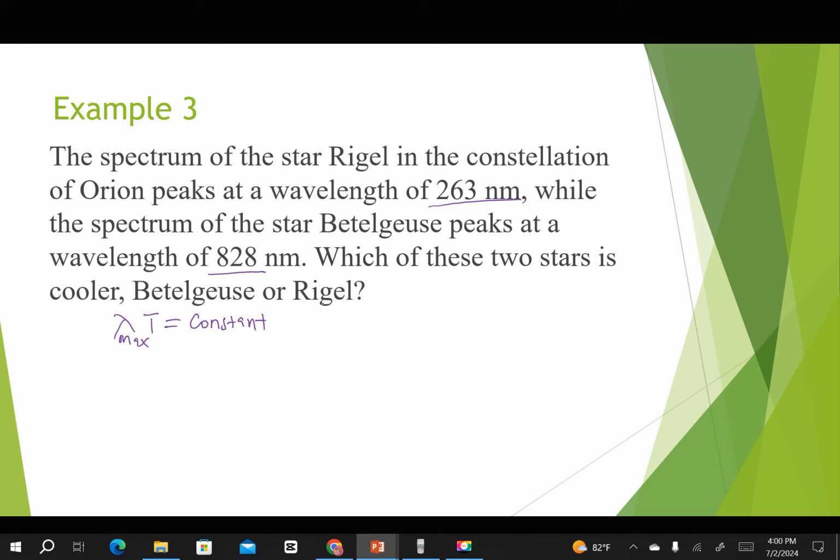So using Rigel, I will say the wavelength of Rigel is 263 nanometers, and I will not change the units.